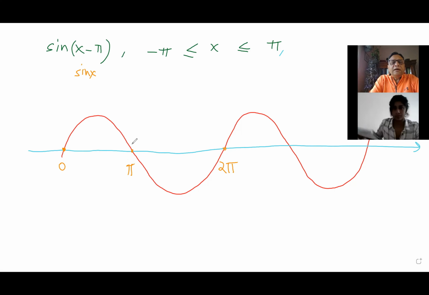So what really happened when we sketched the graph of sine of x minus pi is that the graph moved. Let me now sketch this transformed function. It starts from here. It kind of flips. Do you see that?